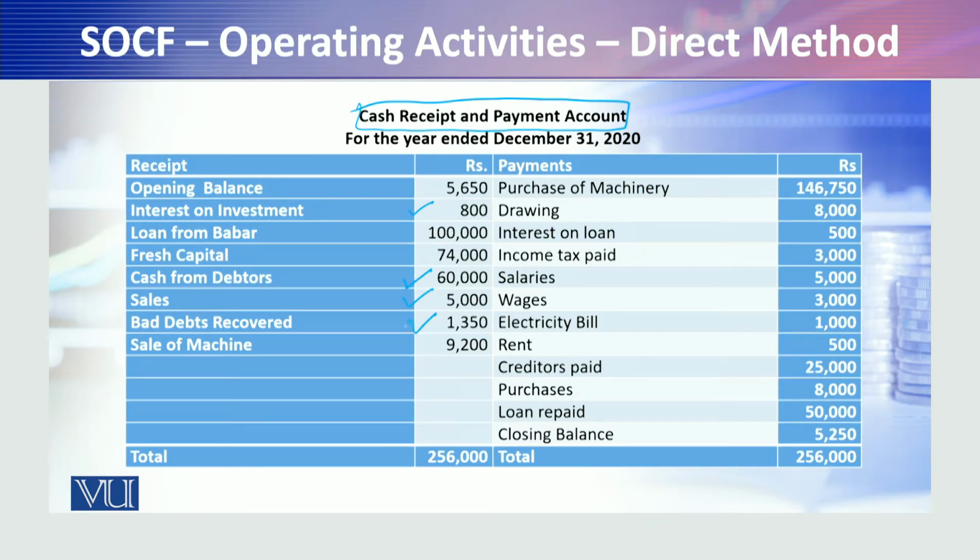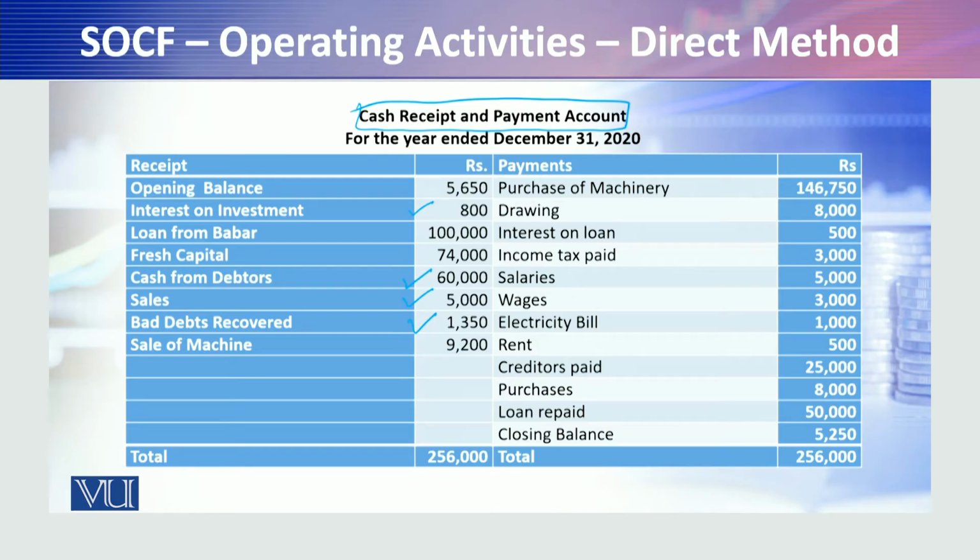These are the few cash receipts that I checked out over here. These in fact relate to the operating activities. The rest of the others do not relate to the operating activities. So in this example, we are looking into the operating activities only.